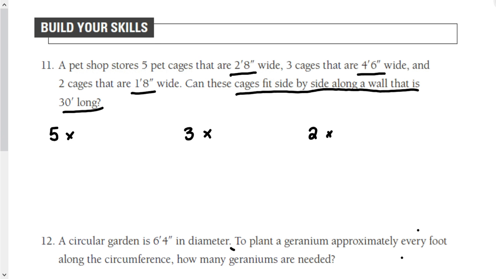So in this case, I think it would be better to change everything to inches and then to feet, just so we're multiplying properly. So then 2 times 12 plus 8 gives us 32 inches. 4 feet times 12 plus 6 is 54 inches, and 12 plus 8 gives us 20 inches.